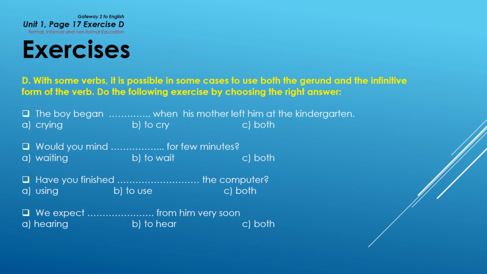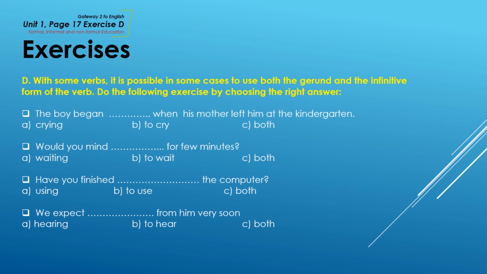You can do this exercise after understanding all the rules we saw just now in this video. So you have 5 minutes to think of the following exercise, and I took as a reference for this exercise the book of Gateway 2 to English, which is programmed for the students of the second year of the baccalaureate.